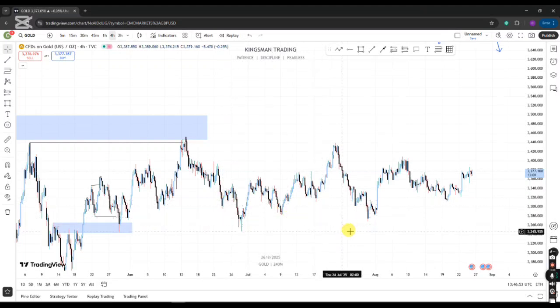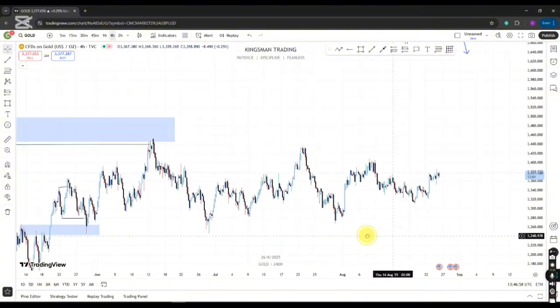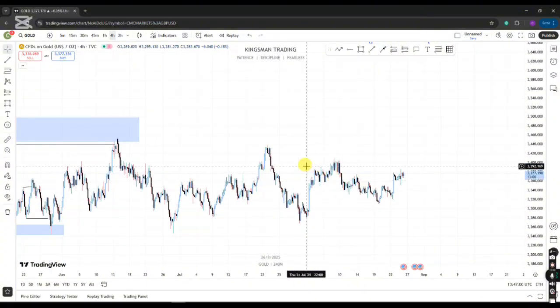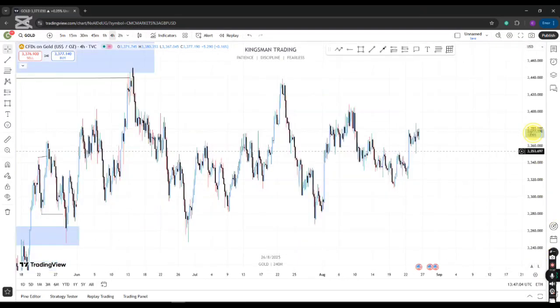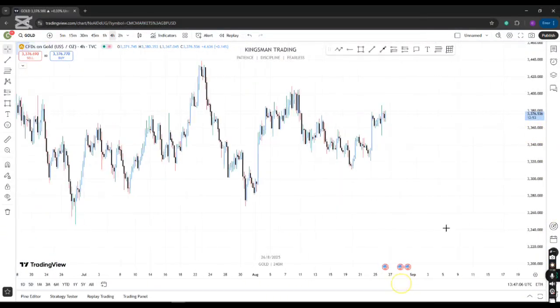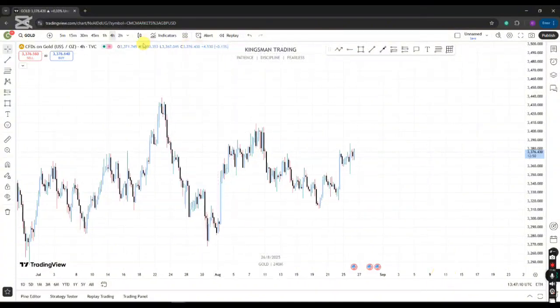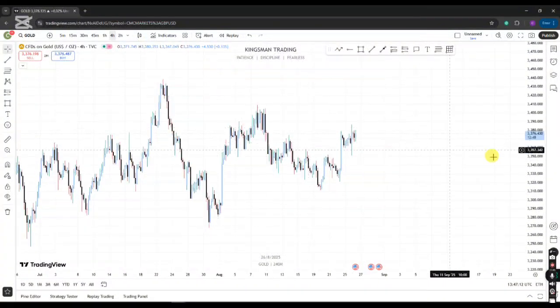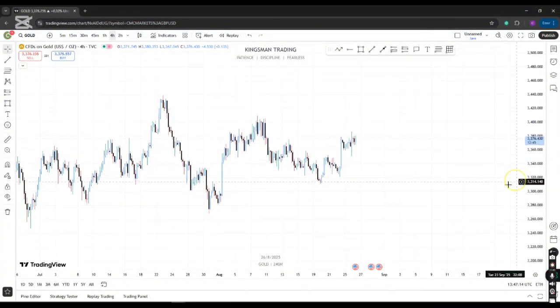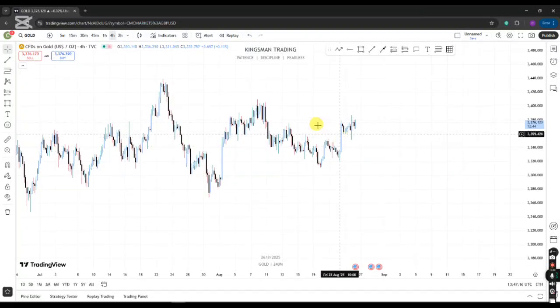No. Okay, yeah, I've seen a reclaim block now. It has not yet played out. It hasn't played out yet.